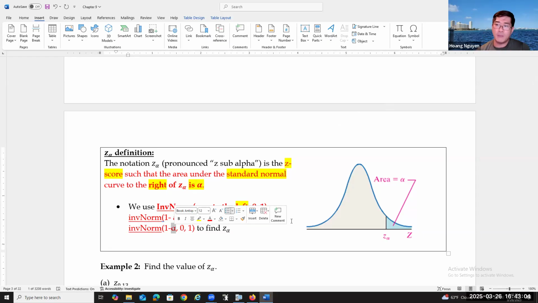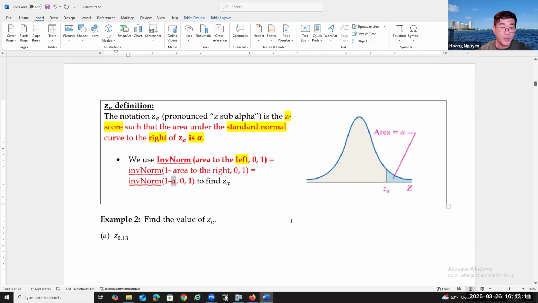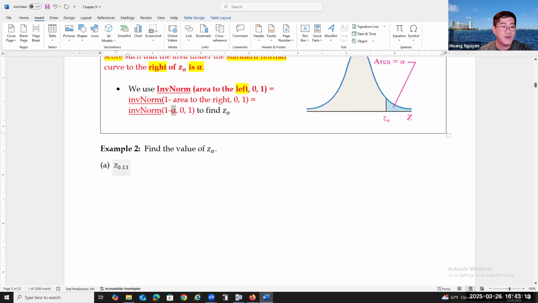Now, after we got the idea of Z sub alpha, we can apply a similar idea for Z sub alpha over 2. Let's give it a try, everyone. Let's find what Z sub 0.13 is. By definition, we have 0.13 in the area to the right. Because we know the area to the right, we can find the area to the left.